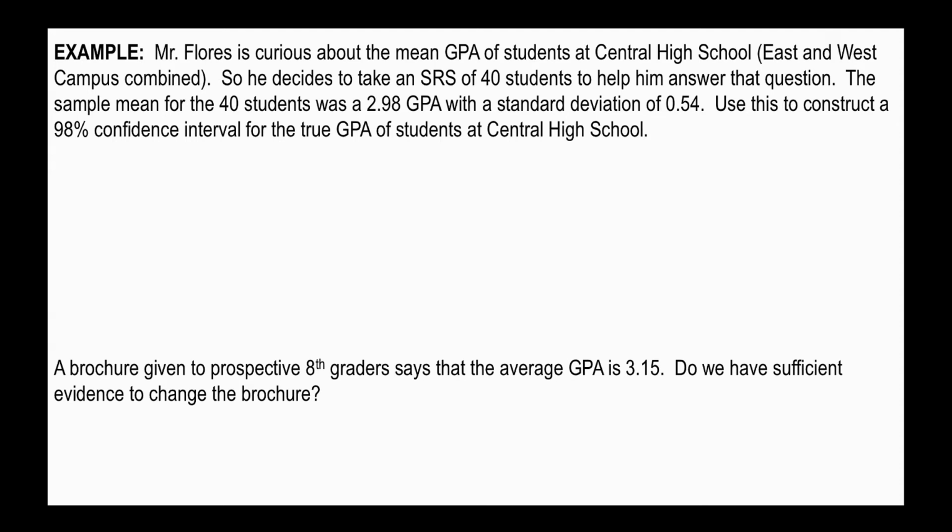First thing we always do, pick out the pieces that are important. What's the important stuff that we're going to need? Sample size of 40. Good. So n equals 40. We're going to need that with our calculations and with our conditions. What else? Sample mean of 2.98. What symbol goes with 2.98? X bar. Good.